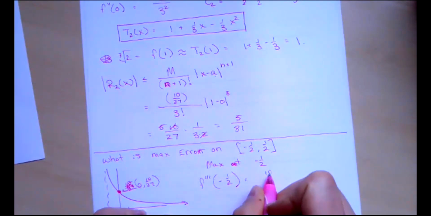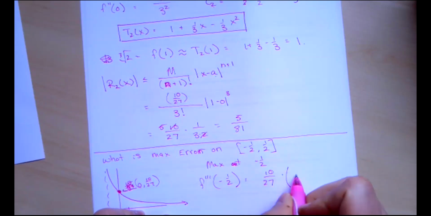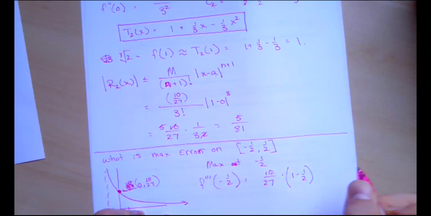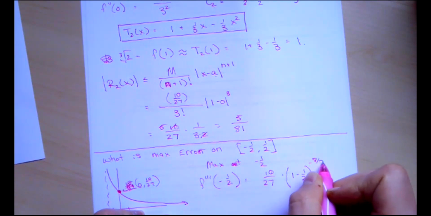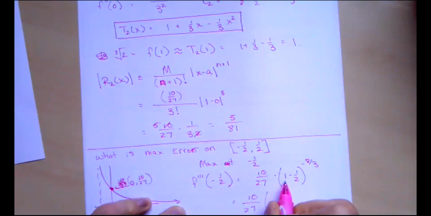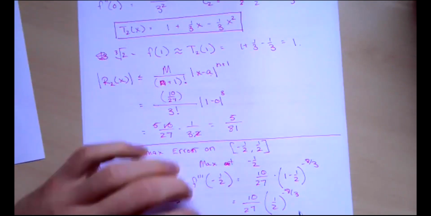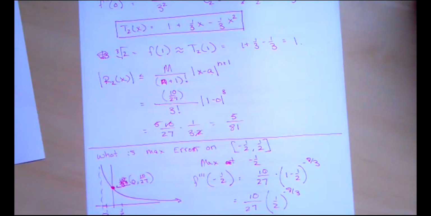So we had 10 over 27 times, now 1 minus 1/2 to the minus 8/3. And this is where it gets a little tricky numerically. So this is 1 minus 1/2 gives me 1/2 to the minus 8/3, which gives me 2 to the 8/3. And of course, we can't compute cube root of 2.